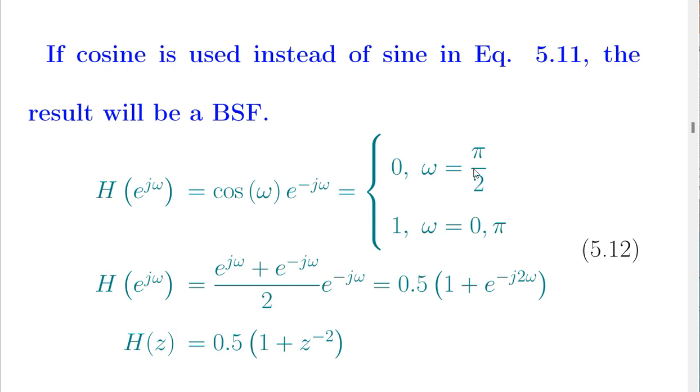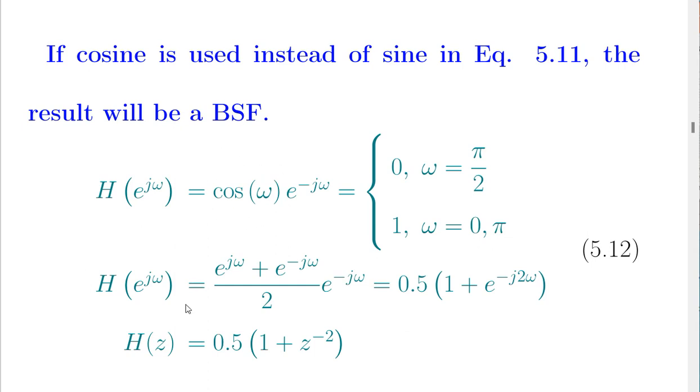Middle frequency has no right to pass, but it is equal to 1 for omega equal to 0 and pi. The reverse of the idea presented for bandpass. That's a tricky play with cosine and sine.